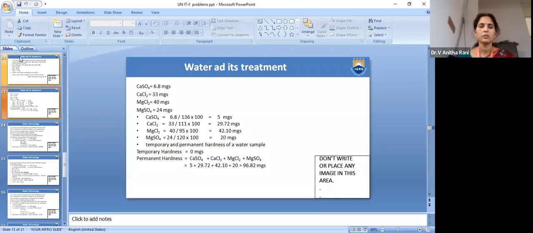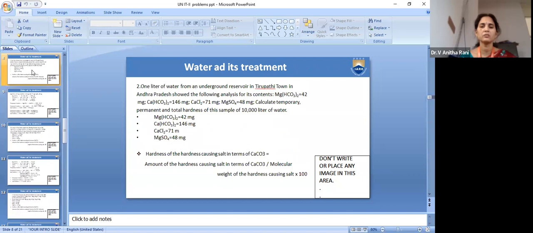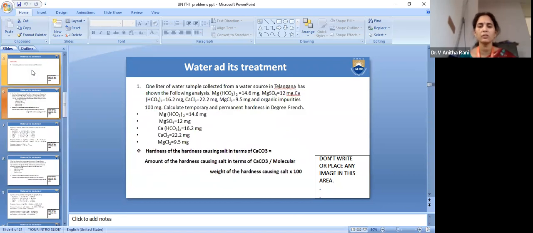Okay. Now these are 4 problems we are having in the question bank. I will send you the question bank also. You can check in that question bank. 4 problems I have given on hardness and 3 problems on EDTA. The remaining 3 will be reasoning questions. So part C, we are having 10 questions.